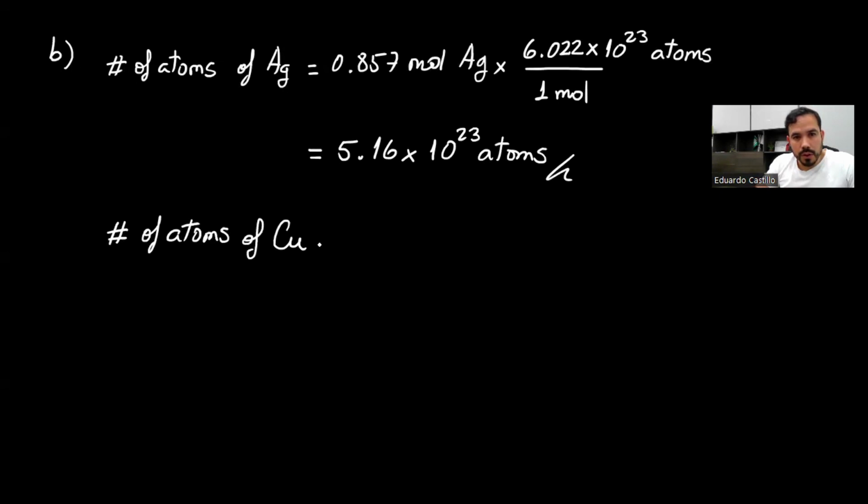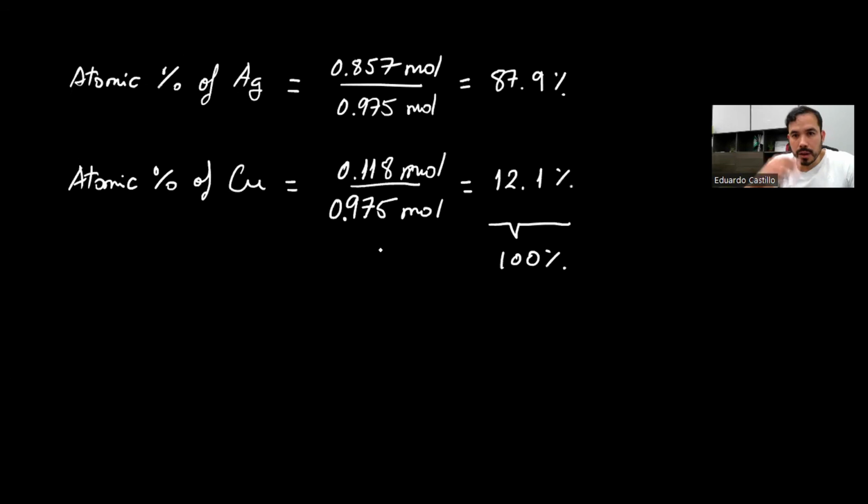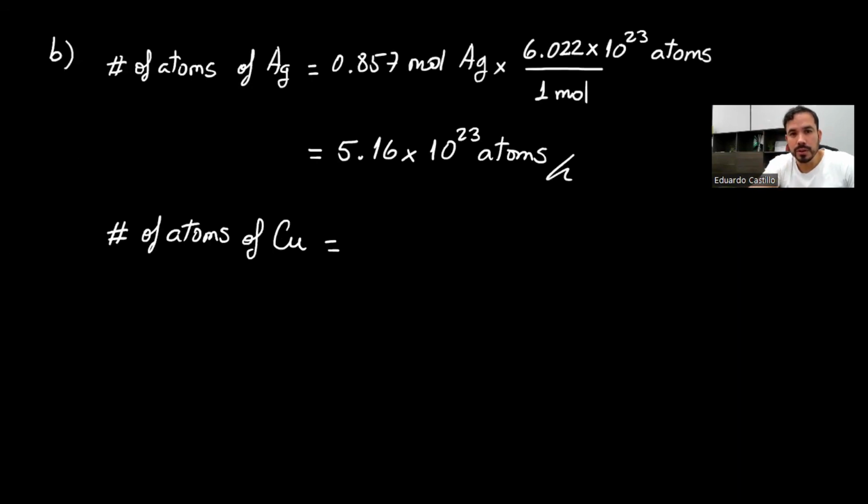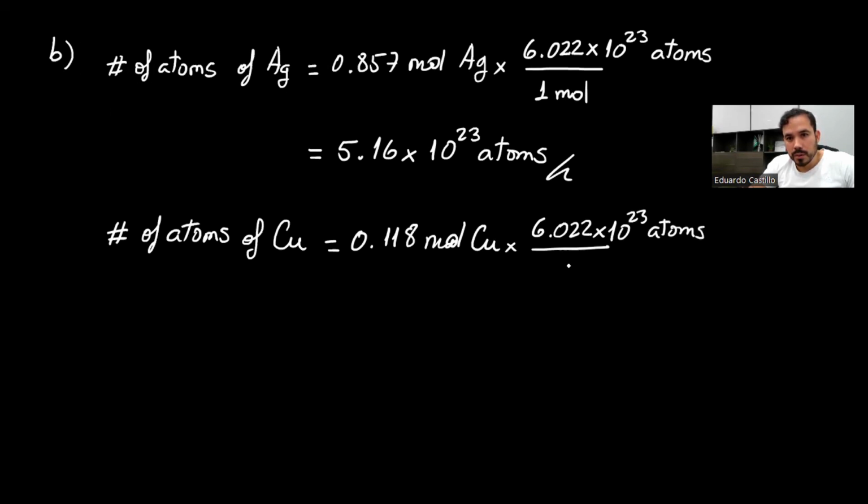That's my solution. And for the number of atoms of copper, I go back to the previous answer, because we know that we have 0.118 moles. We have 0.118 of copper times 6.022 times 10 to the 23 atoms per 1 mole.